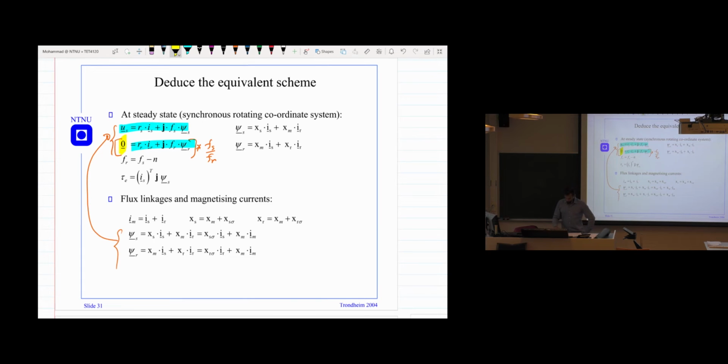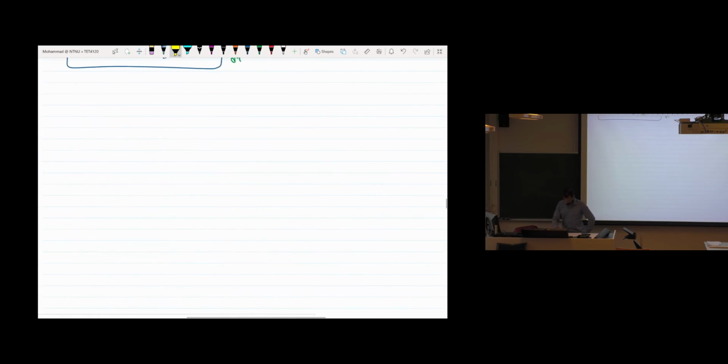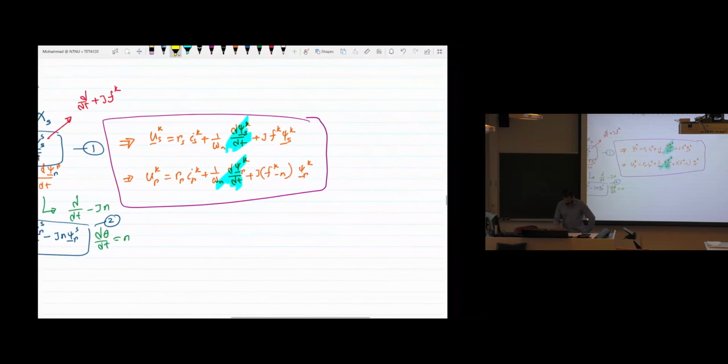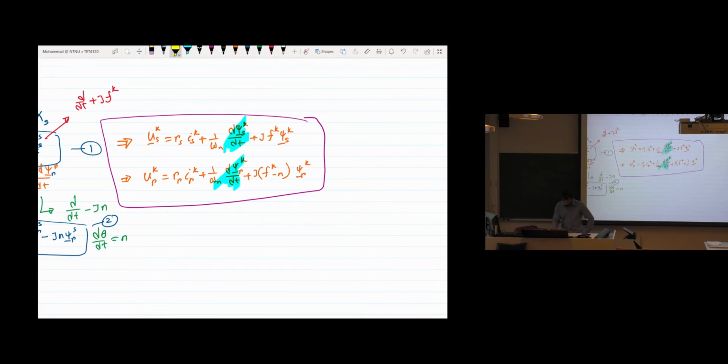And one thing I forgot to mention in the model that we developed: here you can see the frequency difference, the speed difference, fk minus n. We define this as fr in the model. So it's fr, which is fk minus n. Here, n is the speed of the rotor, and fk is the rotation of the space vector.